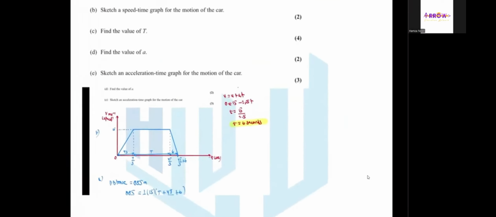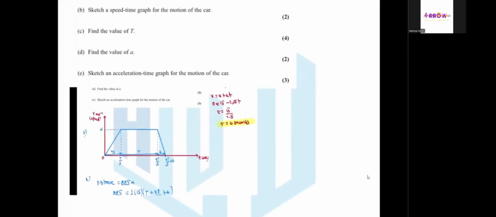So just put the formula: acceleration is equal to v minus u over t. Here I'm attempting part D. Acceleration is equal to v minus u divided by t. So the final velocity, final speed is basically 15, initial is 0, and the time duration is t over 3, meaning 16 seconds.